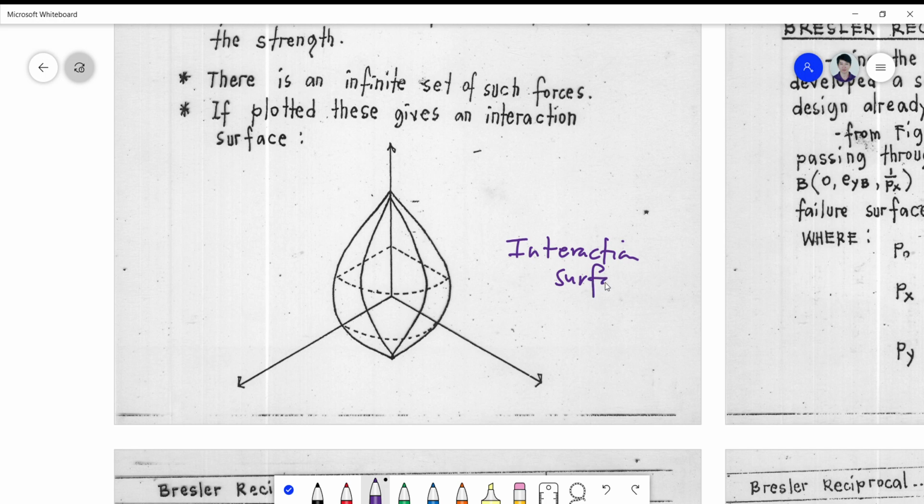So the general rule is that all points lying inside or on the surface of this figure exhibit a safe design, while those which go outside the surface will give you a failure mechanism in terms of your design.